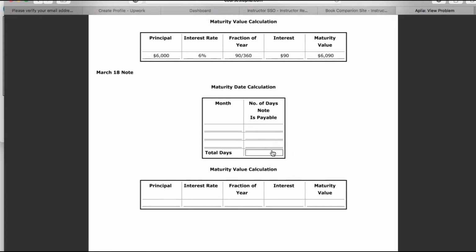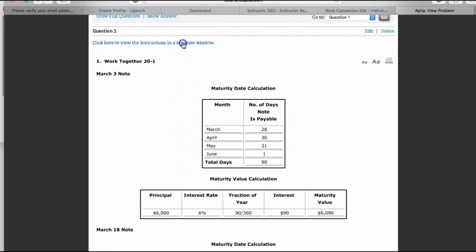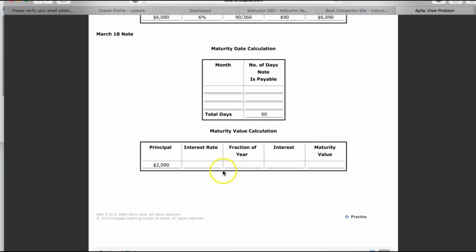Once again, I'm going to put this in here so I don't forget. 9%, okay. I'll put 60 divided by 360 there. So we started this in March, April, and May.